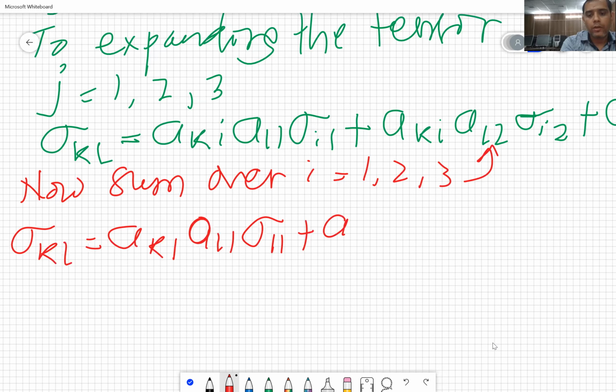Similarly, A K 2 A L 2 plus, sorry, no, plus sigma, j is equal to 1.